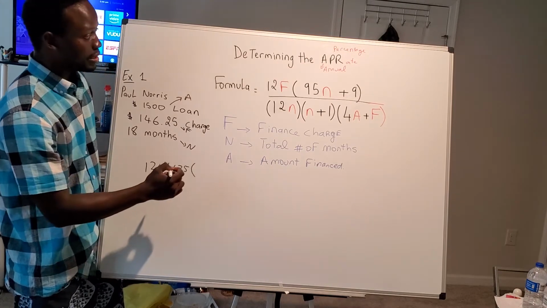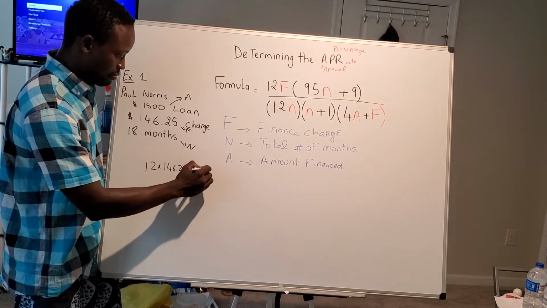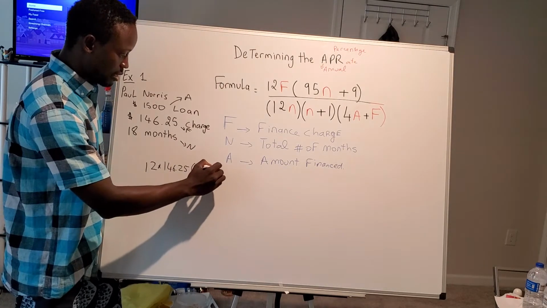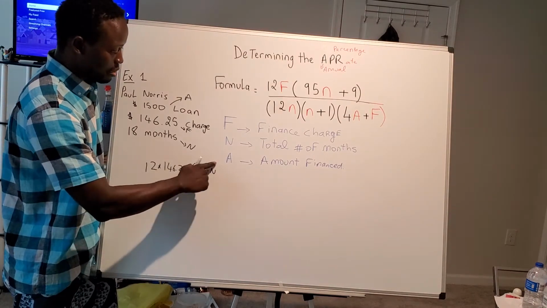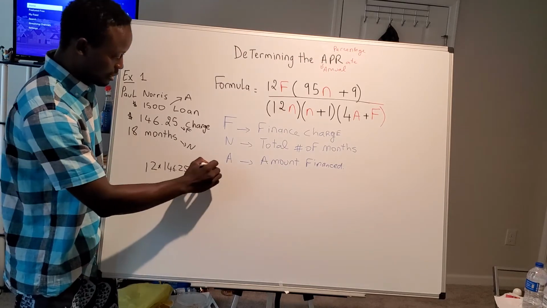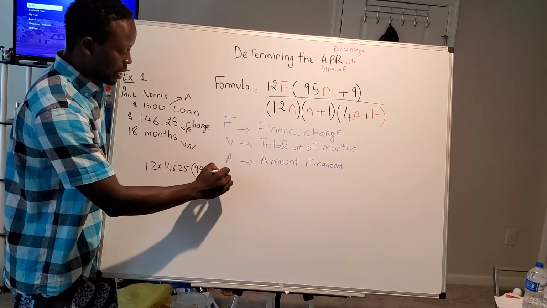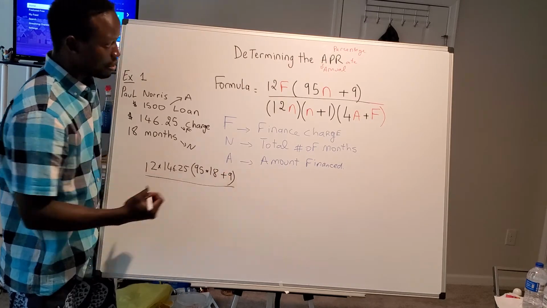And then I put the parentheses now, 95, N is 18, so 95 times N, and I already know N, 95 times 18, plus 9. And then I go all the way under.